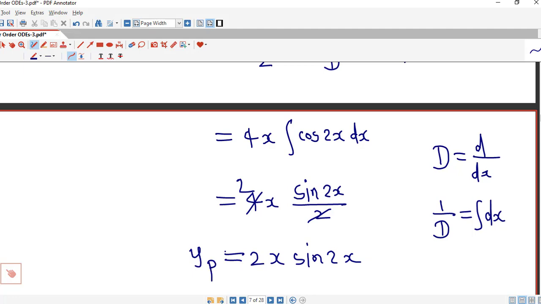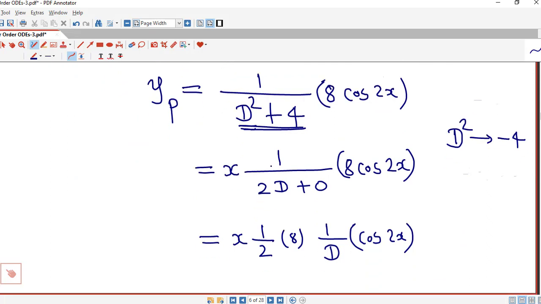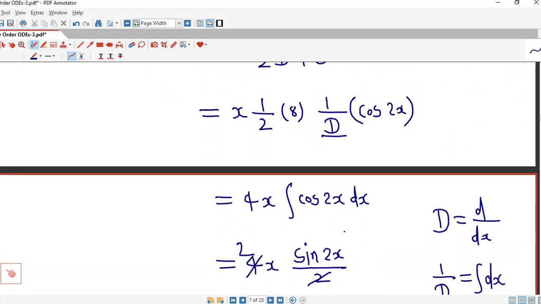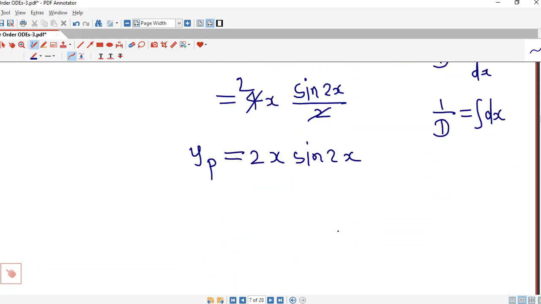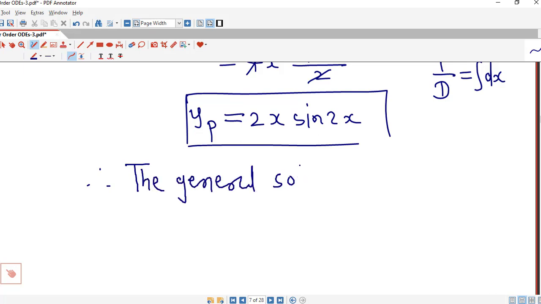This is the particular integral. And here the new thing is, because this term becomes 0 if we replace D square by minus 4, we are differentiating this term with respect to D, and we are multiplying by x, and using the fact that 1 over D is integral with respect to x, we obtain this particular solution or particular integral. So therefore now we write down the general solution.